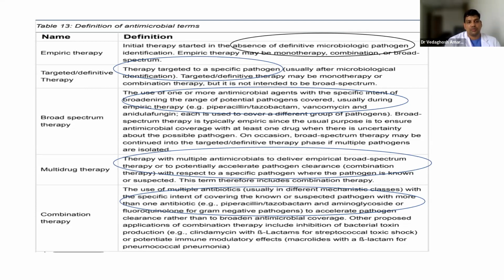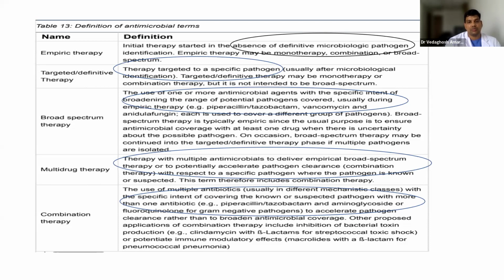What is multi-drug therapy and combination therapy? Combination therapy comes under multi-drug therapy only when you give multiple antimicrobials to deliver empirical broad spectrum therapy to accelerate the pathogen clearance. Like you are giving for one organism 2 different antimicrobials so that pathogen clearance is better. This is known as multi-drug therapy.